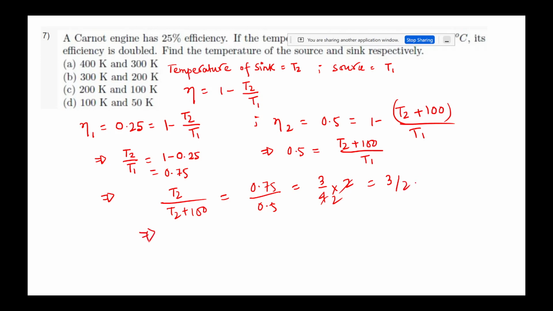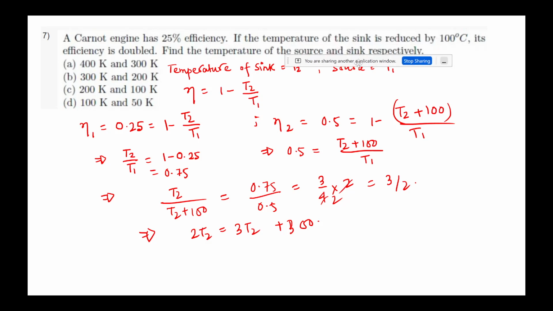After doing this it will be 2T2 = 3T2 minus 300. Also nobody pointed out that this will be minus. So T2 will be 300.